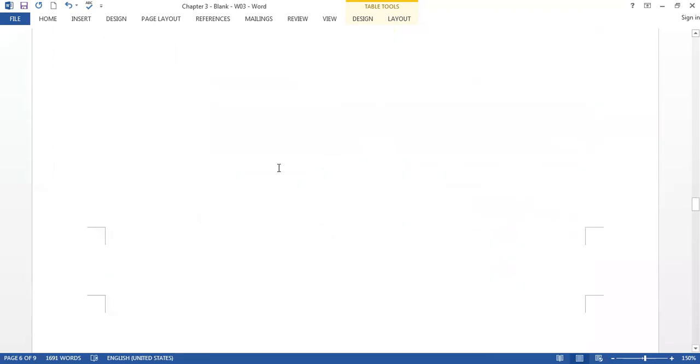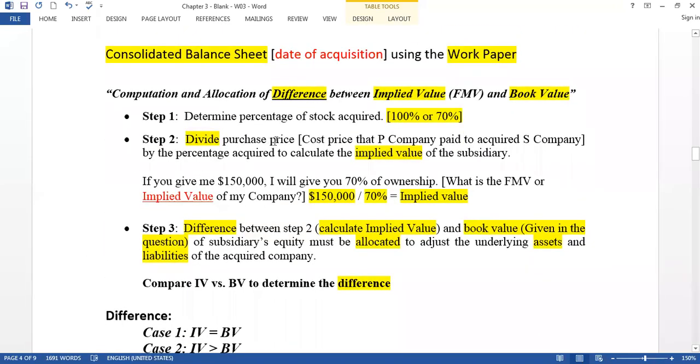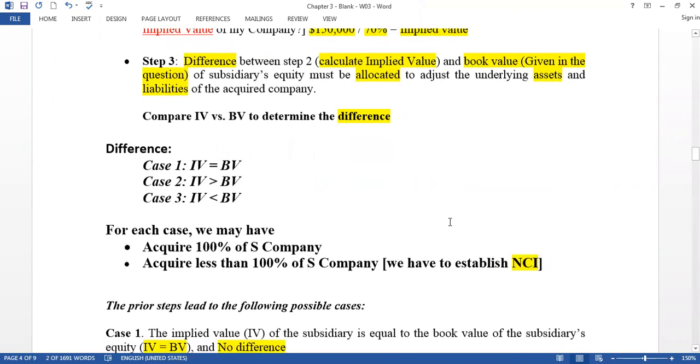So here, go to step 2. Step 2 said that we have to determine how much price we paid, divided by one piece of information from step 1, the percentage, right? So we need how much price we paid, and we need what percentage we acquired.